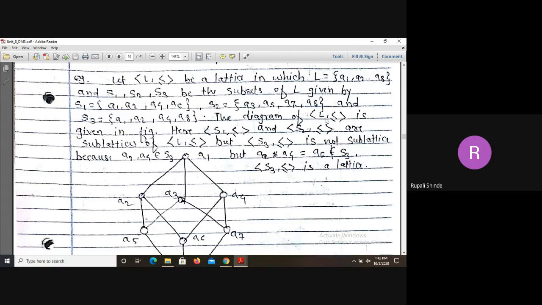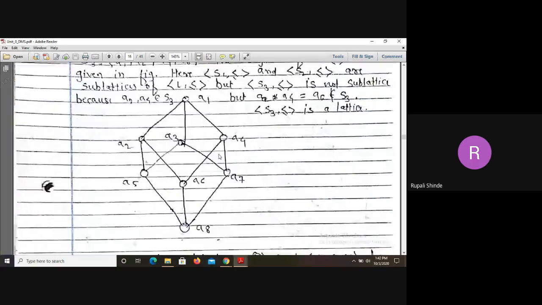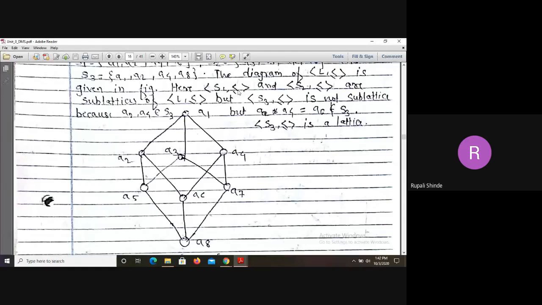So three subsets are defined out of this L, and those subsets are S1, S2, and S3. The diagram of L, the partially ordered relation, is given in the figure. So this is the given lattice. Here S1, S2, and S3, we have to check whether these are lattices or not.